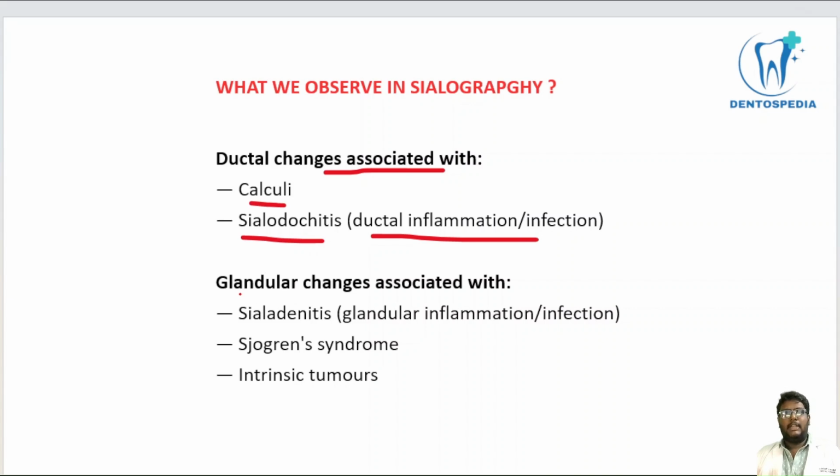And if you suspect glandular changes in the salivary gland, we can use this technique. These are the common cases where we can see glandular changes occurring because of pathology. That is sialadenitis, which is nothing but glandular inflammation and infection. Sjogren's syndrome, intrinsic tumors. So these are the conditions where you can see glandular changes.